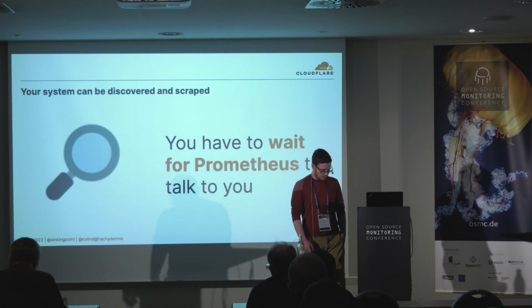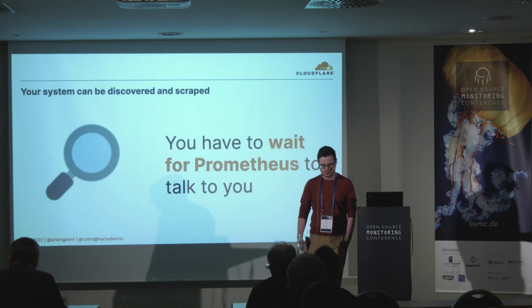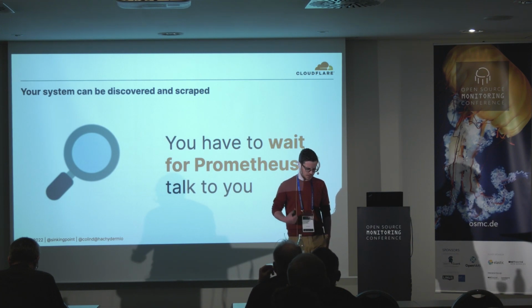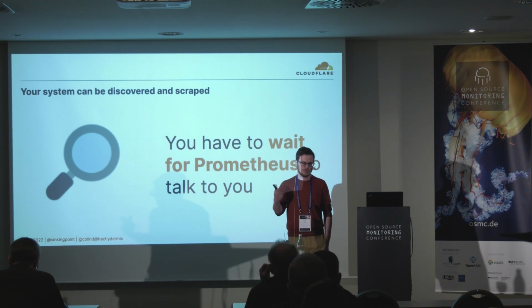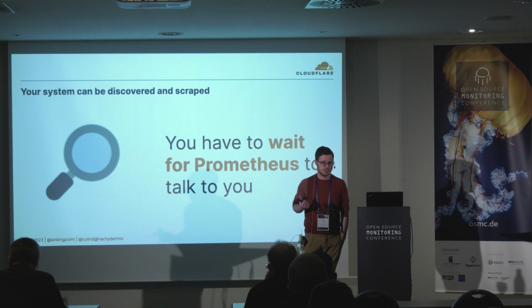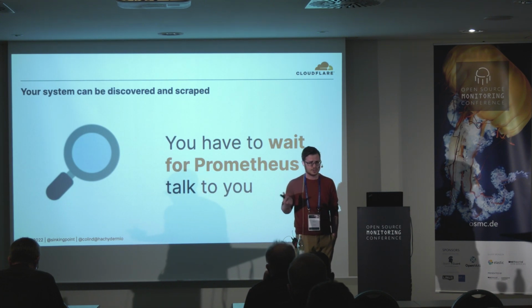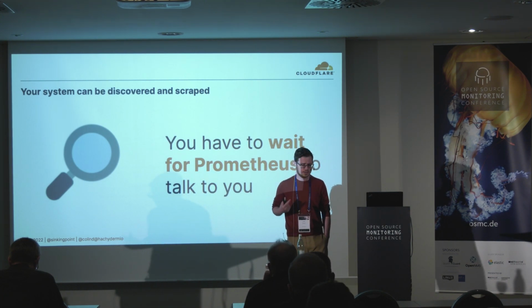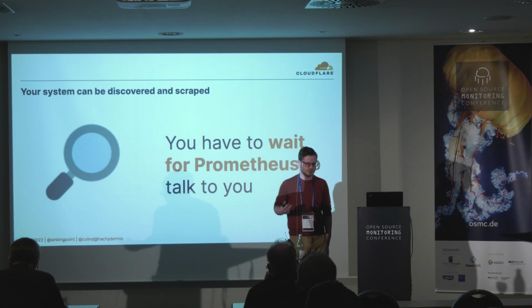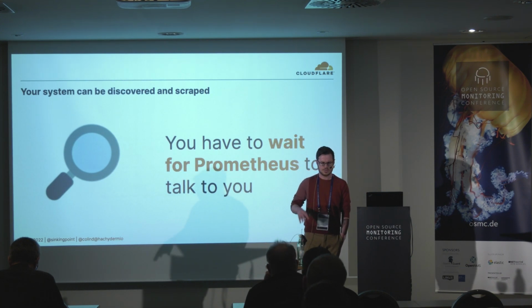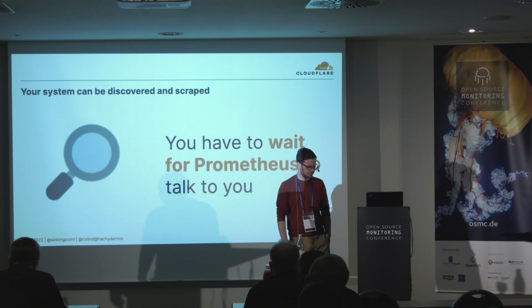But at a high level, Prometheus assumes three things about your service. It assumes that your system lives long enough to be discovered and scraped. It assumes that your system is network enabled, and it assumes that your system can do its own aggregation. And those are a bit opaque, so let's break it down a bit.